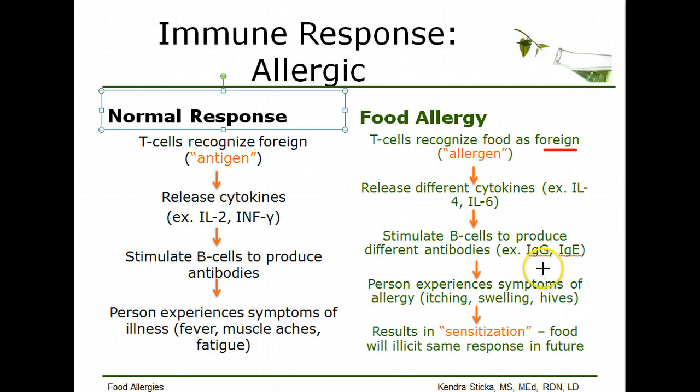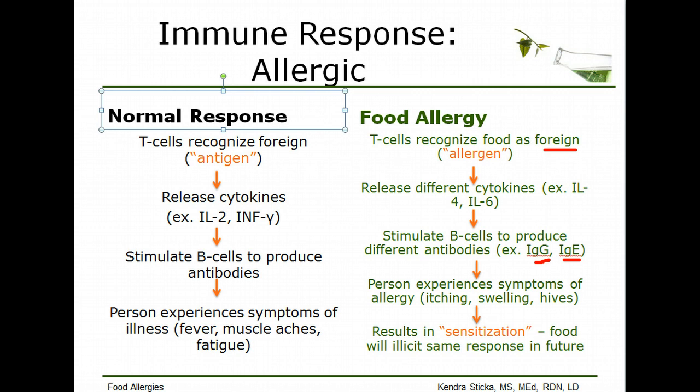So here's where those IgG and IgE antibodies come into play that we saw earlier when we were talking about definitions, and we talked about like IgE mediated immune response, etc. So that's basically dependent on what type of antibody is produced by the allergen. And then the person experiences those symptoms that we know are affiliated with food allergies. So it could be swelling, it could be itching, sometimes itching in the mouth, it could be hives, a variety of those symptoms.